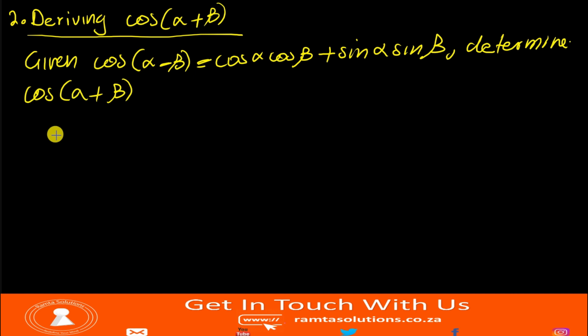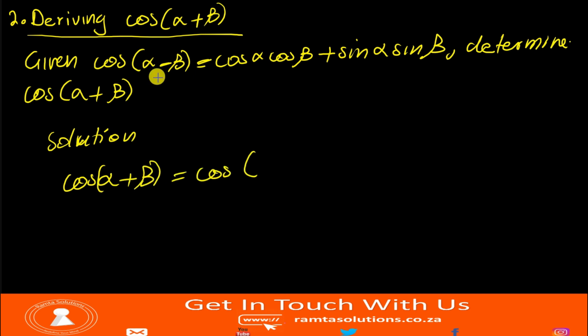Now our solution, we will say cos alpha plus beta is equal to cos, check this out. Remember, we are given this guy here, cos alpha minus beta. Okay? So if we have alpha plus beta, can't we say this seems like alpha minus, open bracket, minus beta close. Can't we say that? We can, right? I mean, check this out, guys.